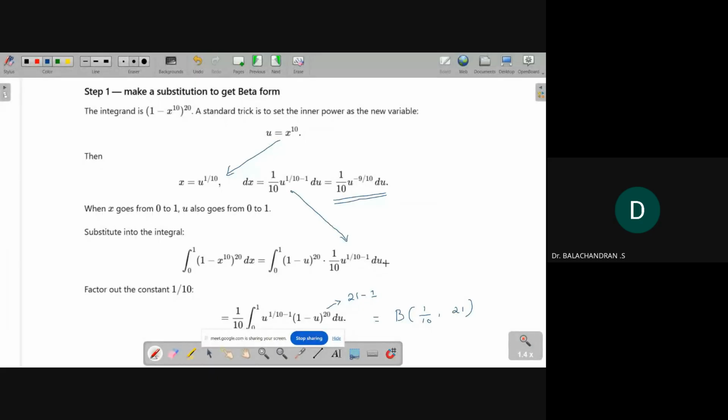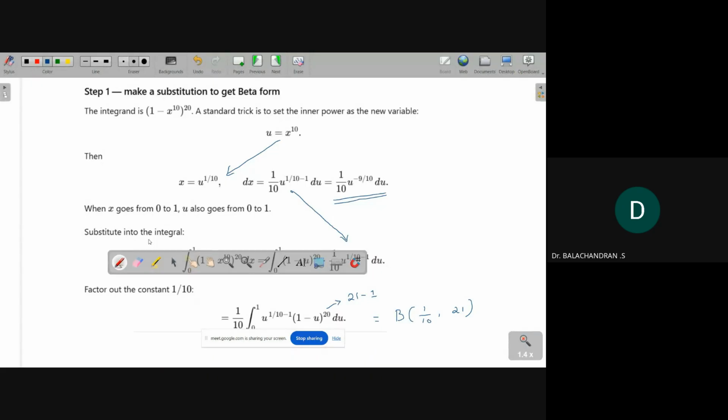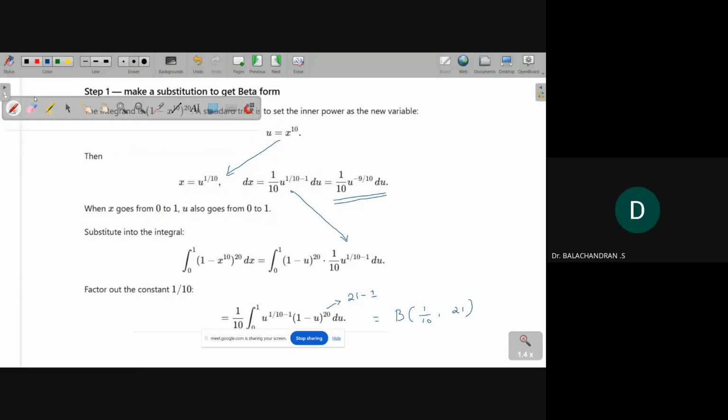The next step is I will write this 1 by 10 outside the integral: 1 by 10 integral 0 to 1 u power 1 by 10 minus 1 into (1 minus u) whole power 20, and 20 you can write as 21 minus 1.